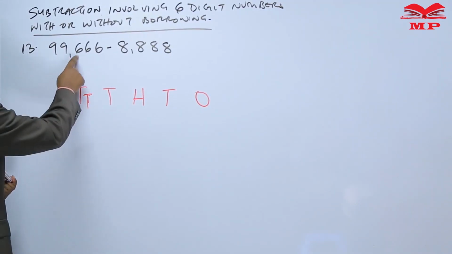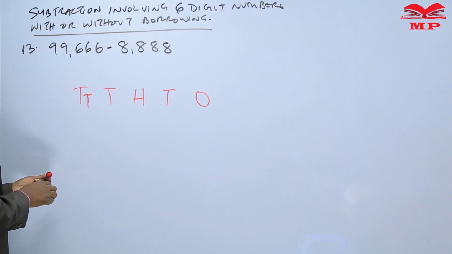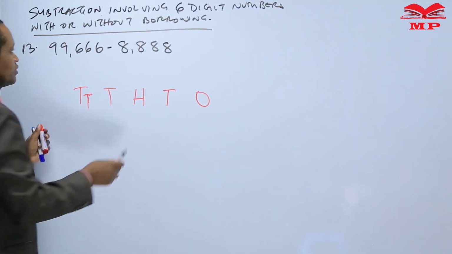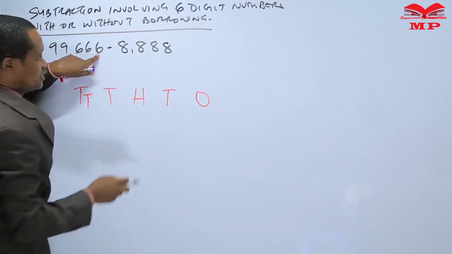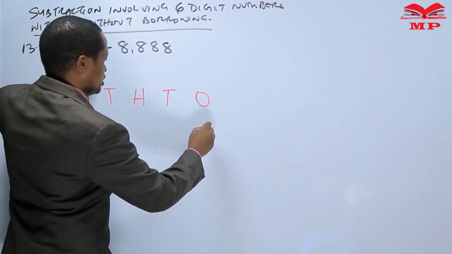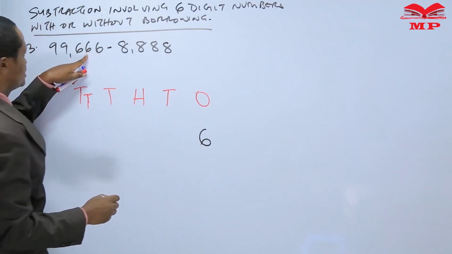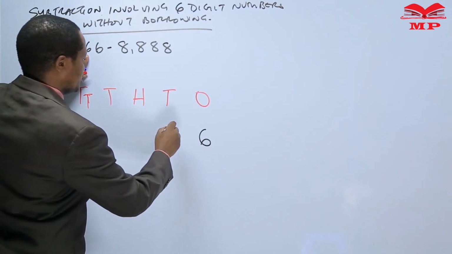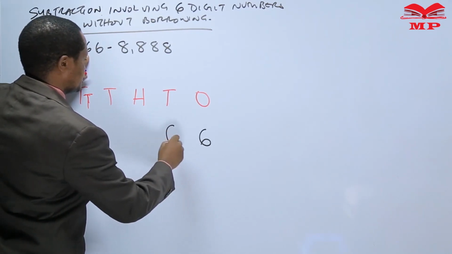So the first number here is 99,666. This 6 is in the place value of ones, so we write it under ones. The next 6 is in the place value of tens, so we write it under tens.